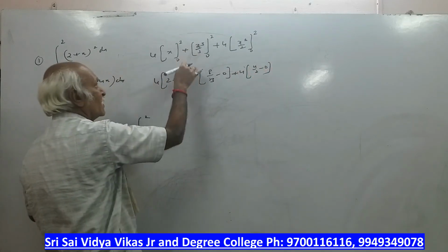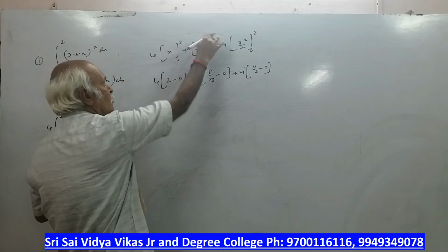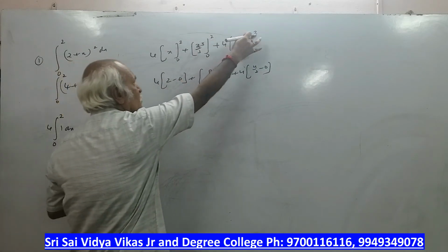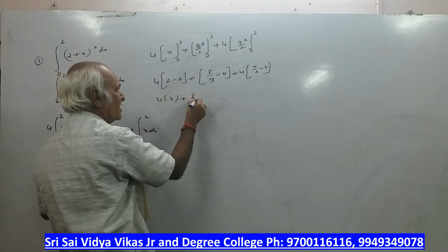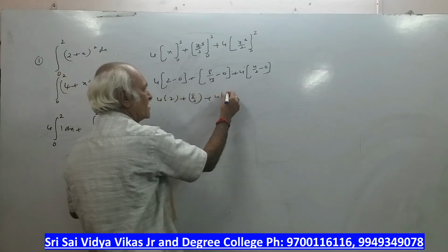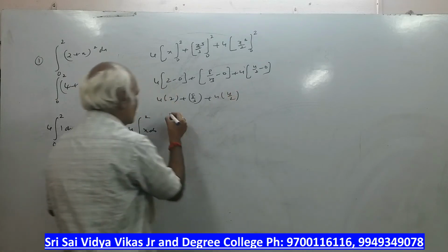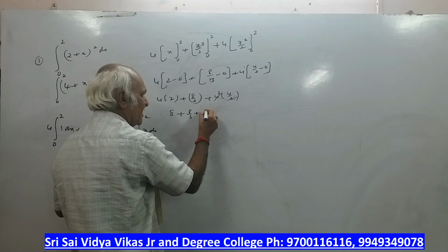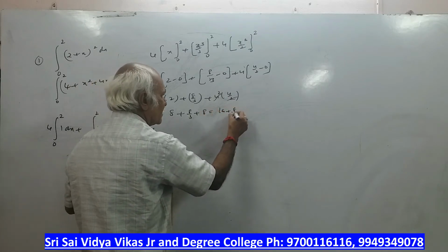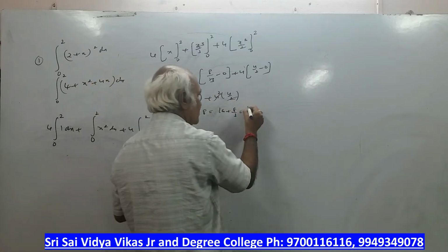So it becomes 4 into 2 plus 8 by 3 plus 4 into 4 by 2. So this will be 8 plus 8 by 3 plus 8, which is 16 plus 8 by 3, that is 48 plus 8 by 3, so 56 by 3.